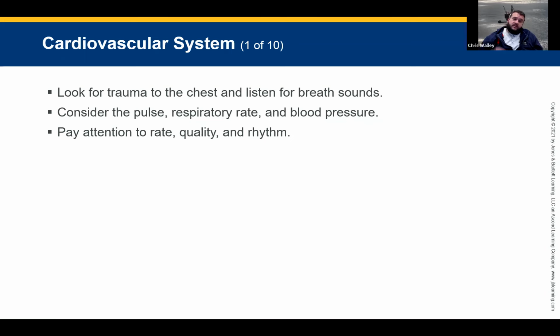Even in our initial assessment, pay attention, even though it's going to be super fast during this time, to the rate, rhythm, and quality, because if it changes during your assessment, you have a baseline to go back to. Maybe due to the epinephrine dump from whatever incident you were at, their heart rate is a lot higher.